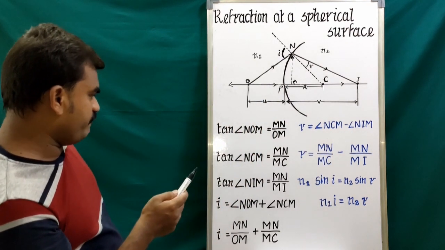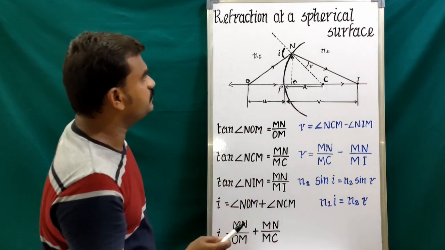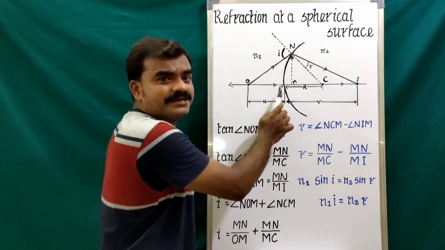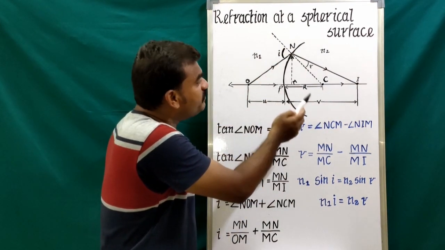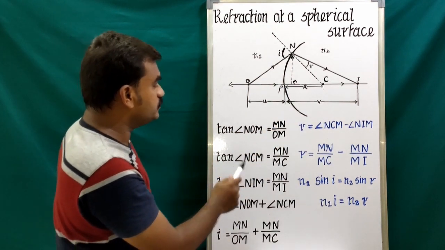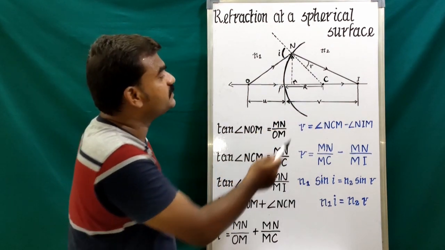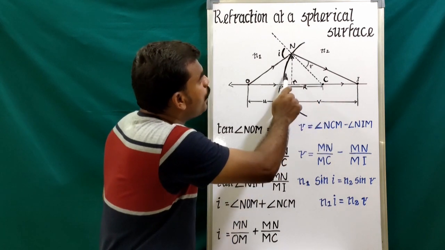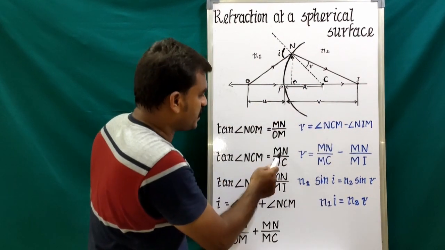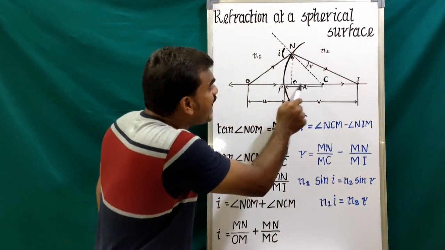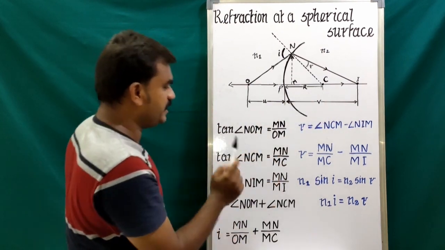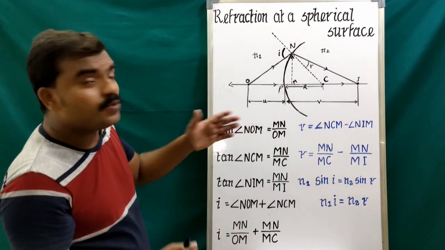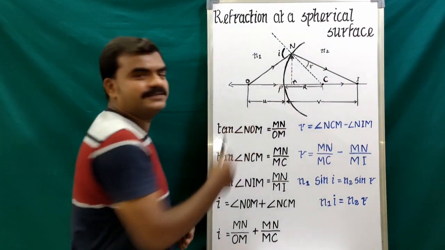In the same way for NCM, here also we can get the tan value: opposite side NM by adjacent side CM. So we got the angles.